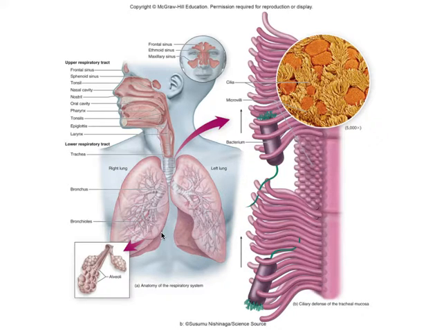The conducting division runs from the nasal cavity all the way down to the terminal bronchioles, and that's basically a pipe to get the air down into the respiratory division of the respiratory system, which is in the lungs, and runs from the respiratory bronchioles all the way to the alveoli, and that's where gas exchange actually happens.